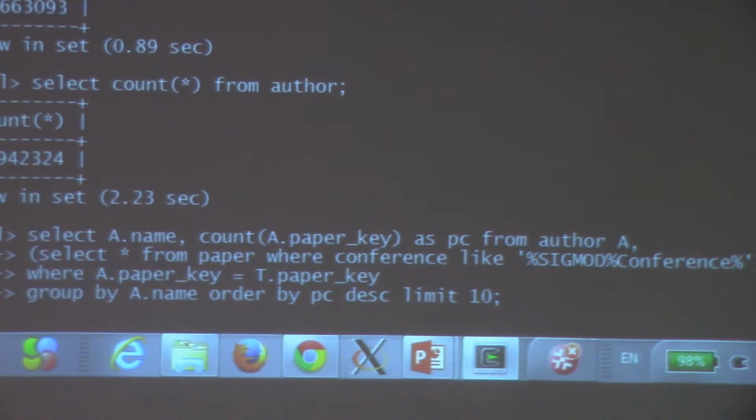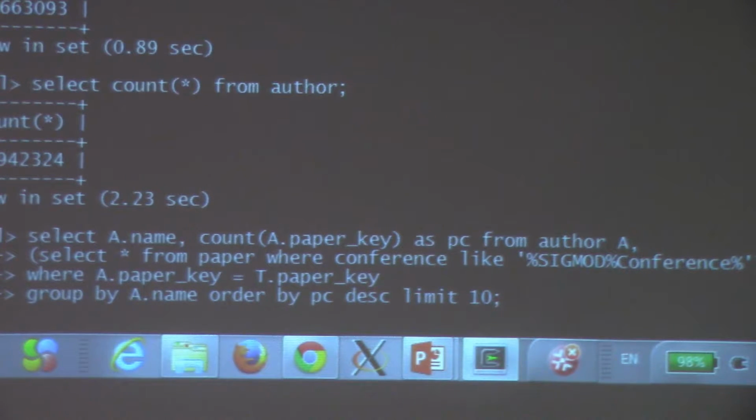How long will this take, roughly? Remember? A minute? Something like that? I think this will take a long time because we are taking the whole author table, the full author table. We took a subset of the author table based on Sigmod paper key. So this might still take a long time.